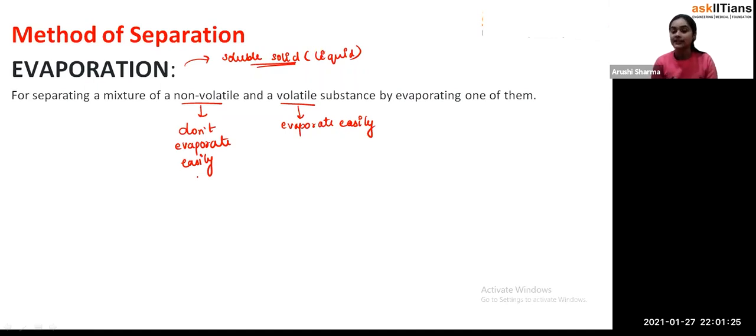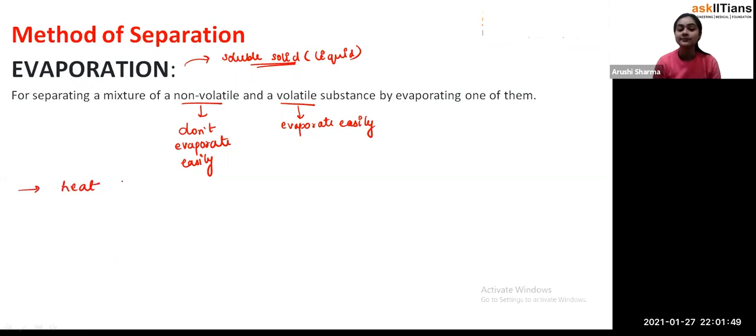When you start heating it, the water, which has a boiling point of 100 degrees Celsius, consumes that heat and evaporates into the atmosphere, and that's how we are left with the salt. So that is evaporation, students. For evaporation, what we require exactly is heat.